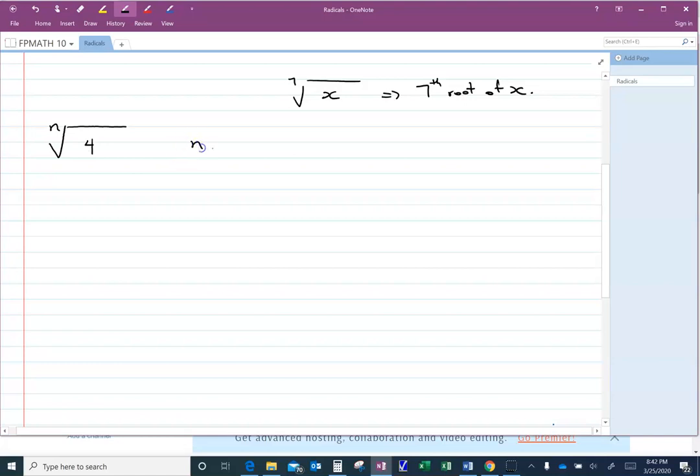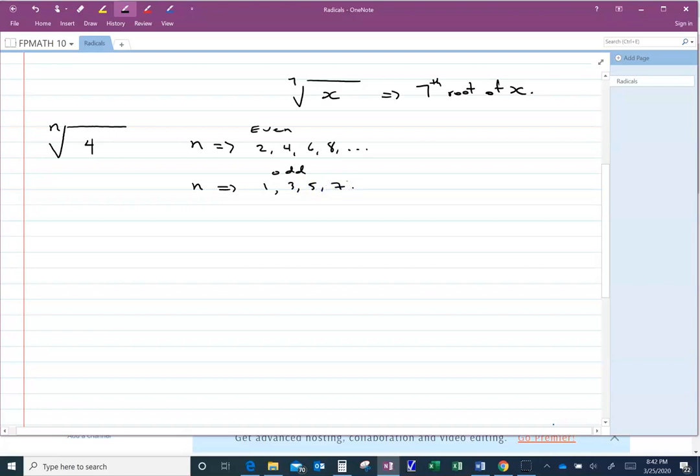By the way, the even numbers are 2, 4, 6, 8, and you understand what I mean. And if n is odd, that's 1, 3, 5, 7.